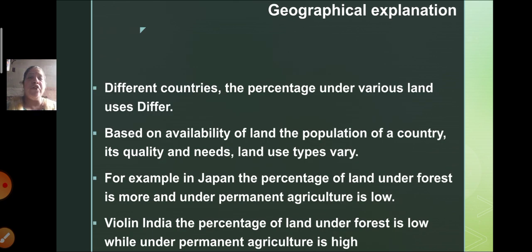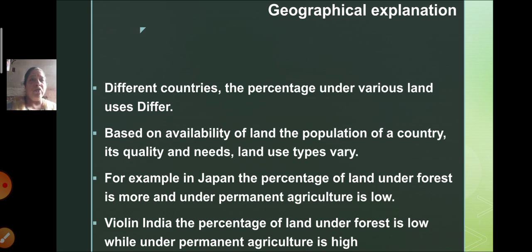Let's have a geographical explanation about the pie diagram we have seen just now. As we know, in different countries the percentage under various land uses differs. Some use their land for agriculture more, some use their land for forest more, some use it for residential areas more, and maybe some use it for commercial purposes more. So different countries have different percentages of land under various uses.